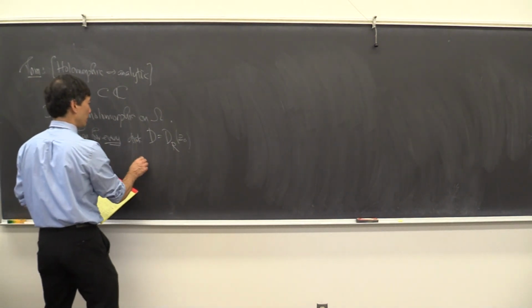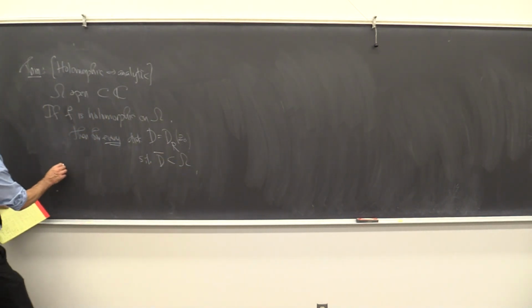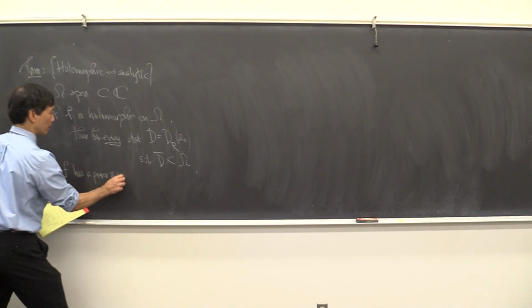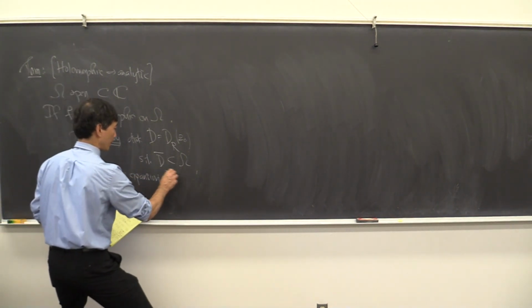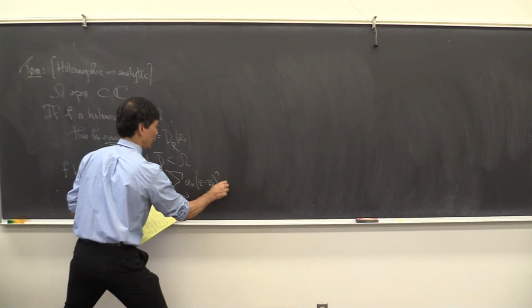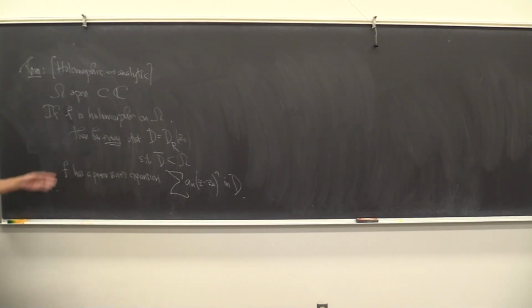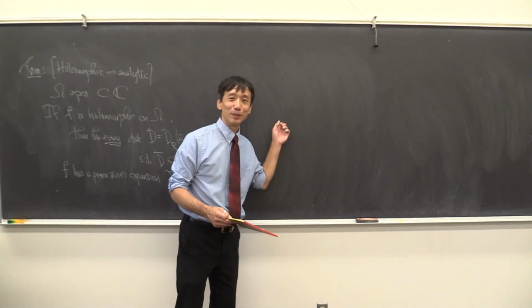For every disk such that the closure is contained in omega, F has a power series expansion about z naught in D. And the proof of this is use Cauchy integral formula. Don't do this on an exam, but basically this is the answer to every problem.